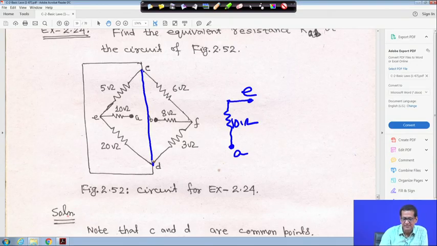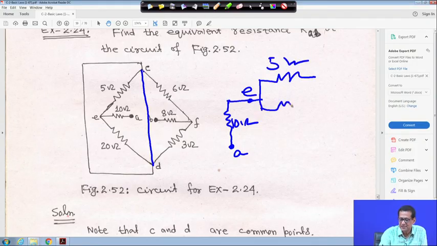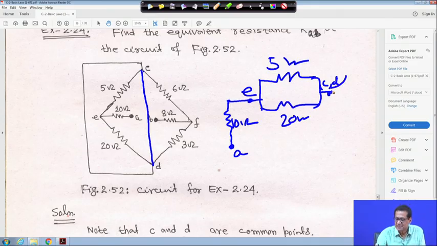So, C and D is a common terminal. This point is E, and this is 5 ohm, that is E to C, and similarly E to D is 20 ohm. So, C to D is a common point. Similarly, I am making it here.